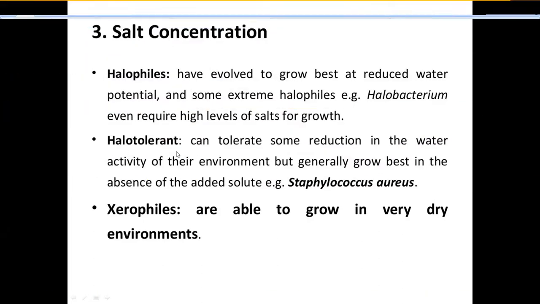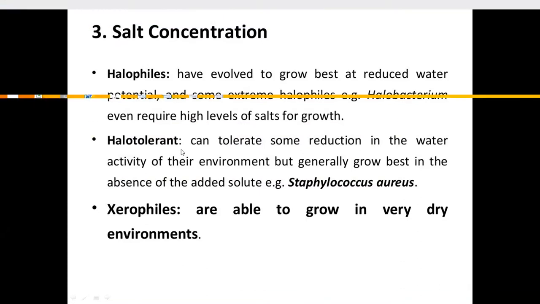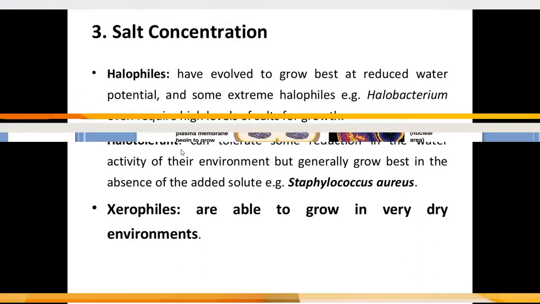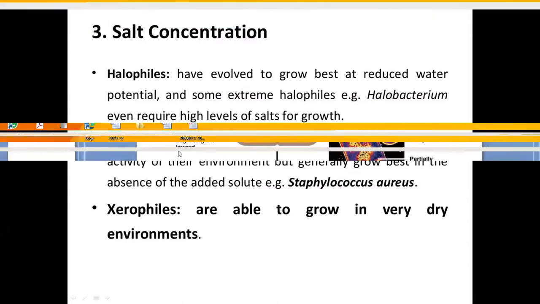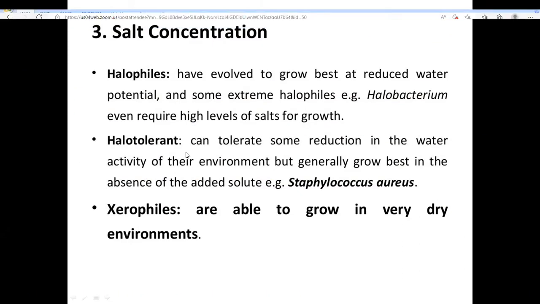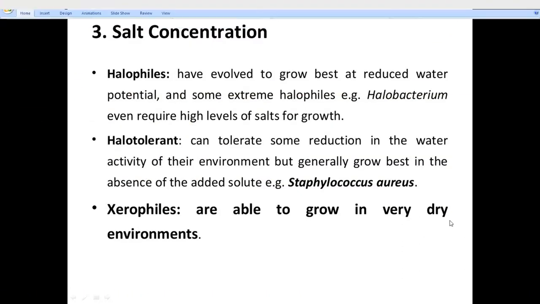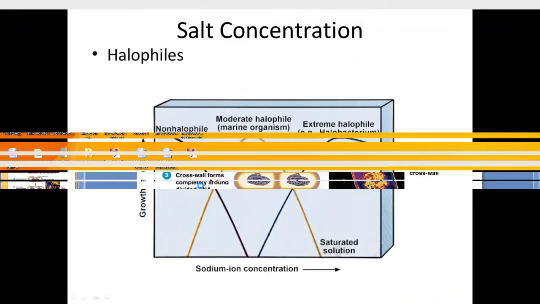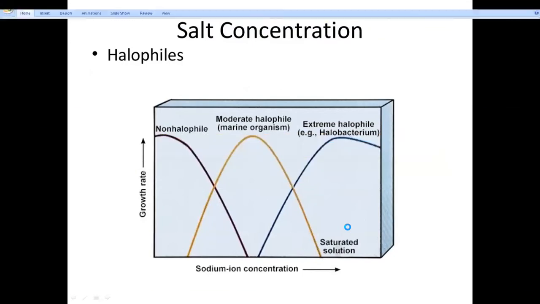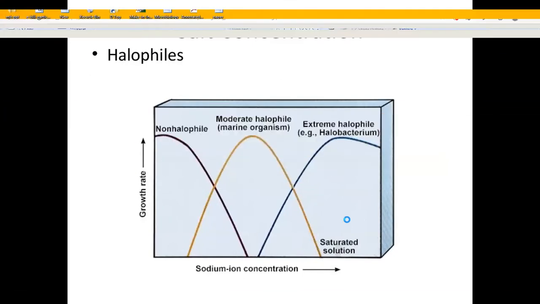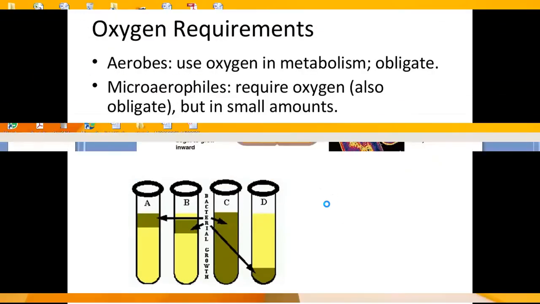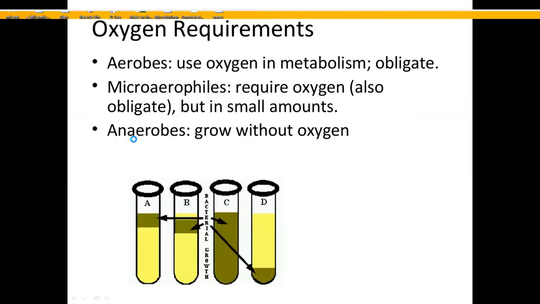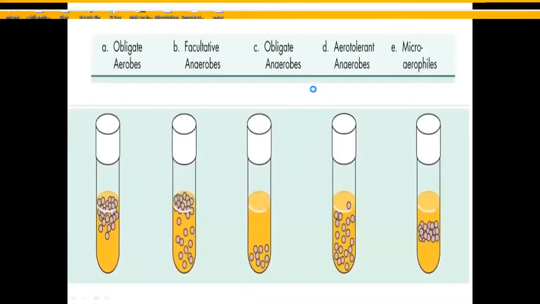But halotolerant is not like that. If they do not get salt, they can grow. But if we give salt also, they can tolerate it and grow in that condition. Xerophiles grow in very dry environments. So this is the graph showing the growth of halophiles.